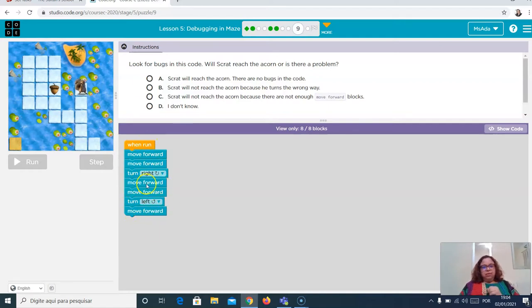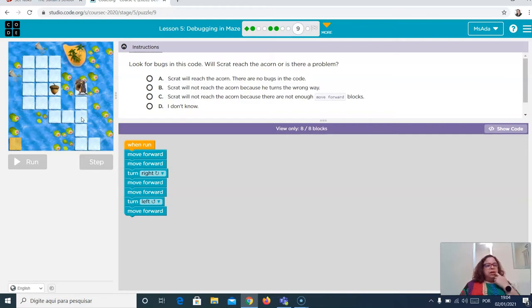Yes, this program. So here it says for him to go forward 1, and then forward 2, forward 1, forward 2, and he gets here. So far, so good. Then it tells it to turn right.